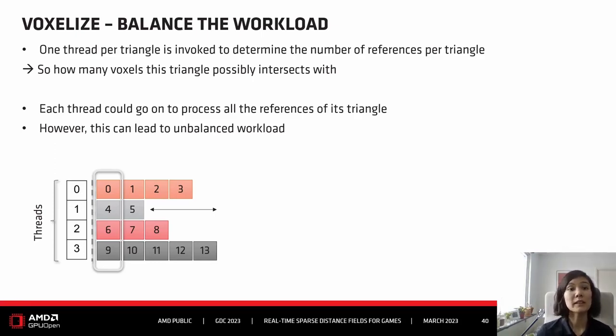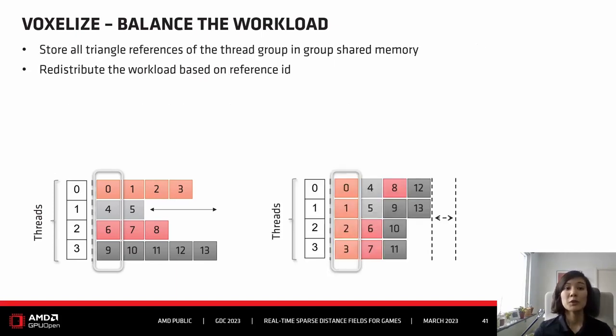So we could let each thread stick with its triangle and just process all the references of this triangle and verify if they're valid or not. But this can lead to quite unbalanced workload, because some triangles will have a lot of voxels they might possibly intersect with, and other triangles might have just very few. So instead of letting each thread stick to their triangle, we store all the references to group shared memory.